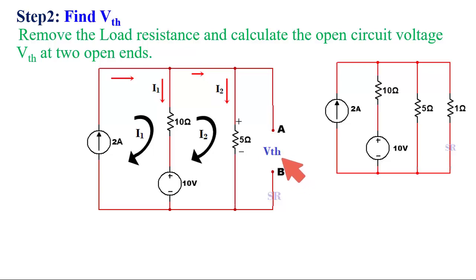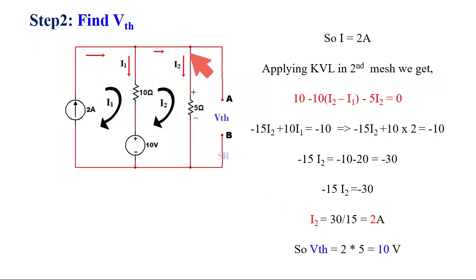Now we need to calculate the value of VTH. Point A is the same as this point and point B is the same as this point. So VTH is nothing but the multiplication of this 5 ohm resistance with the current flowing through this 5 ohm resistance. So our target is to find the current through this 5 ohm resistance.